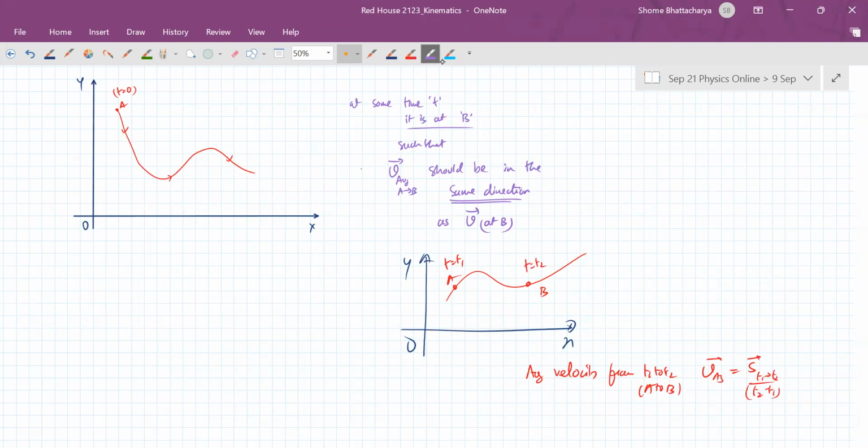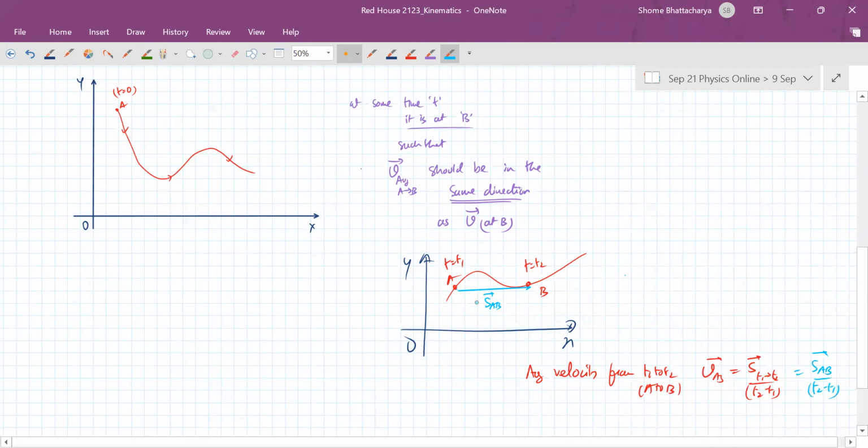In the graph, that displacement is basically the vector joining AB. This exact vector is the displacement from A to B, divided by the time interval. So you can see that the direction of this average velocity vector will be the same as the direction of the displacement.